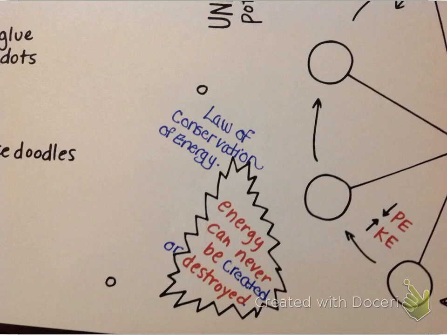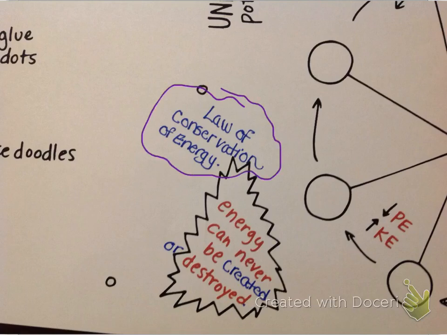So to begin with, there are some laws in nature that we as scientists have recognized and follow. The first one is the law of conservation of energy. So you need to write this, add this into your note page.